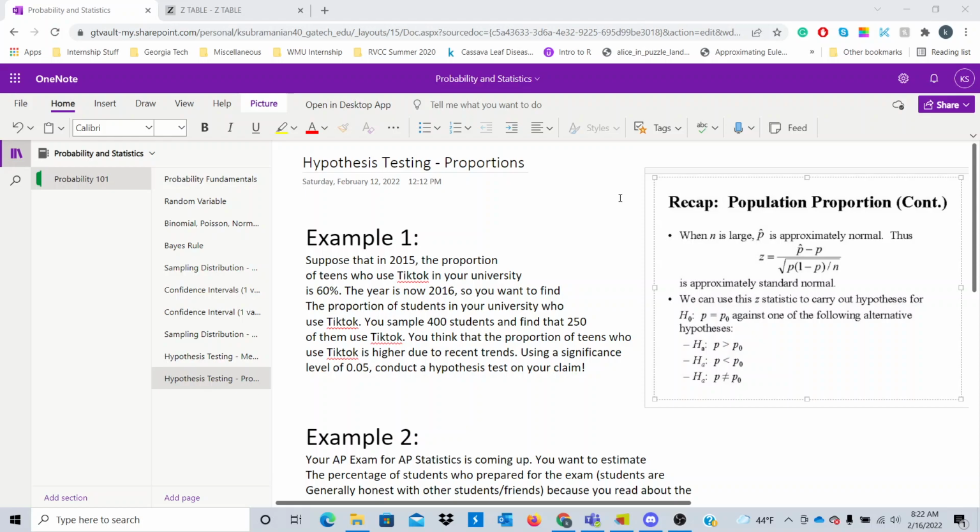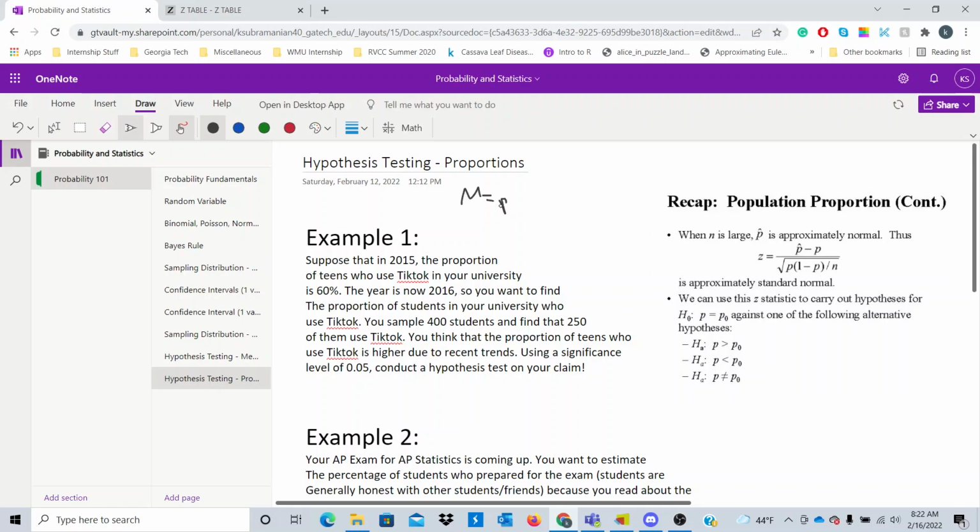Just as a recap, for a sampling distribution of population proportions, we know that the mean is going to be p, basically your p hat, and the standard deviation, s sub p hat, is going to be equal to the square root of p hat times 1 minus p hat over n.